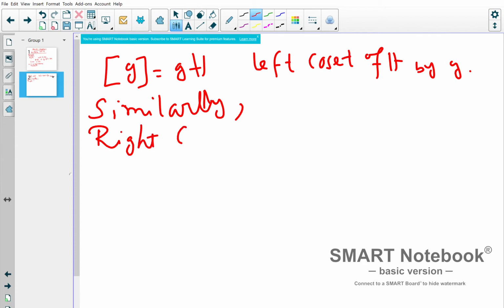The right coset of H by G you can define by Hg.